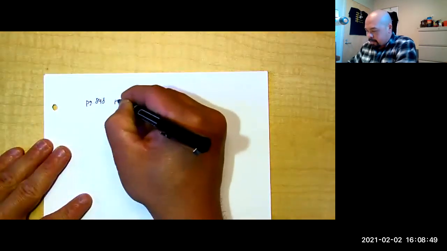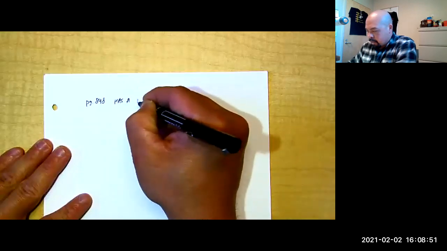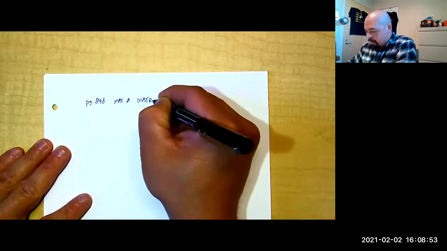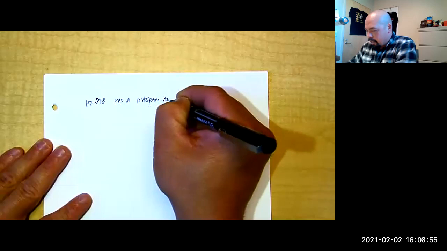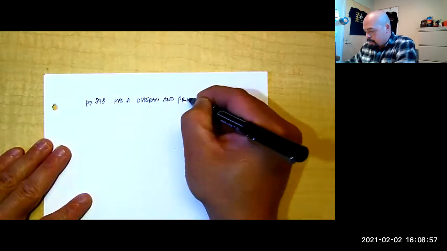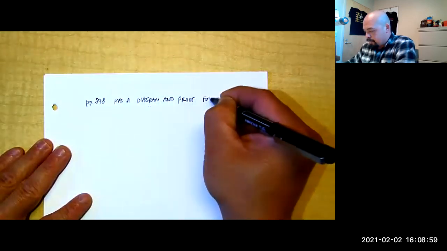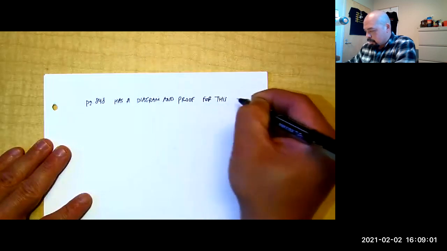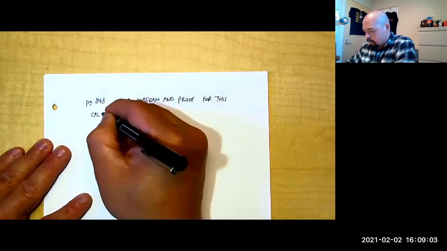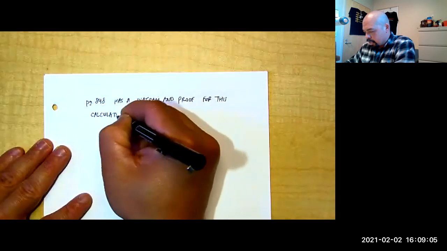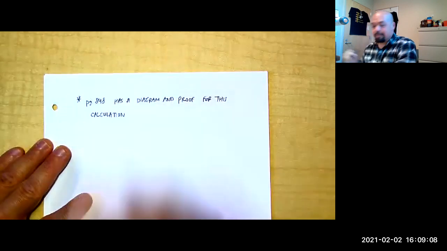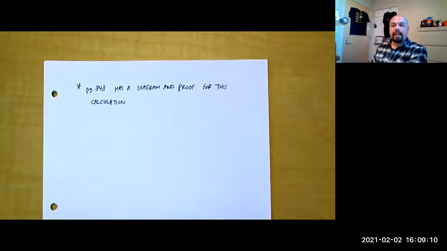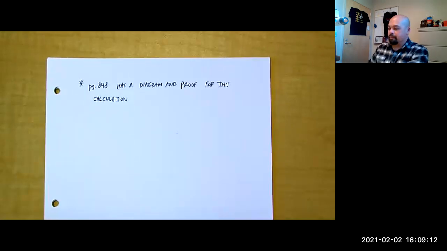Page 848 has a diagram and proof for this calculation, so you're not just taking my word for it, but it is verified. And you can probably search online for a proof of this as well. I might try to search for you as well.